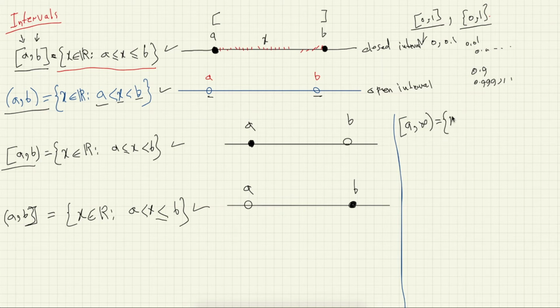That means all the x belonging to the real numbers, but x greater or equal to a, and there is no bound from the right. So it's bounded from the left, and not bounded from the right.